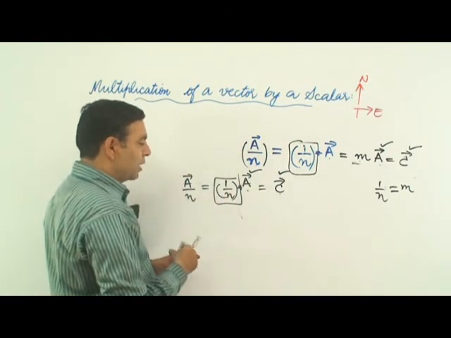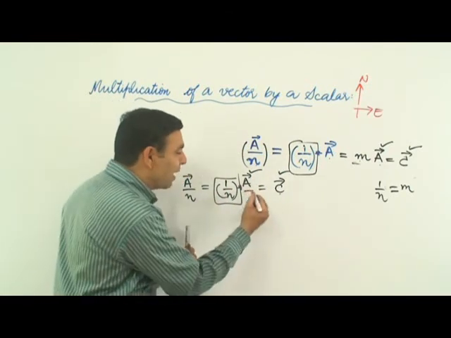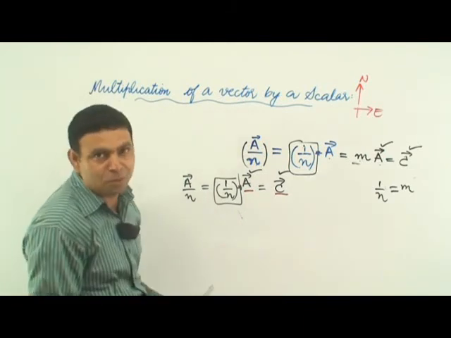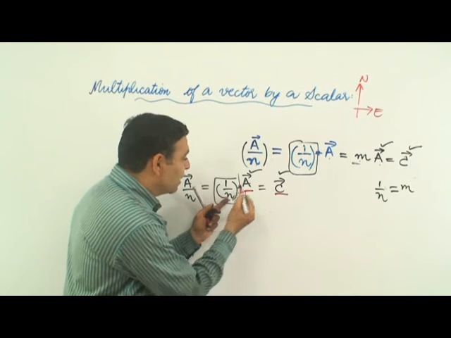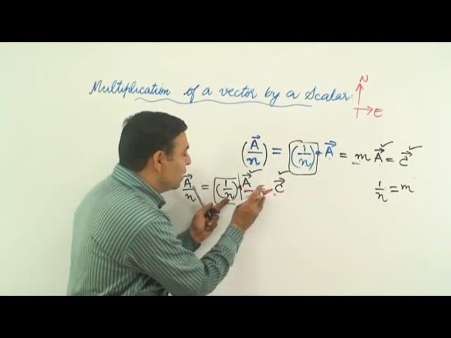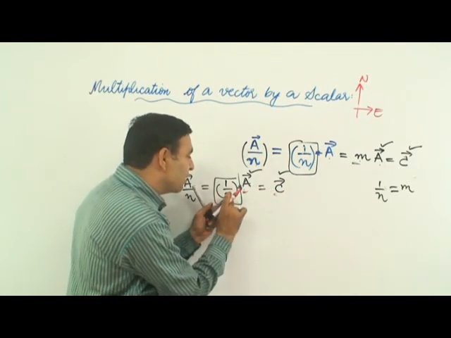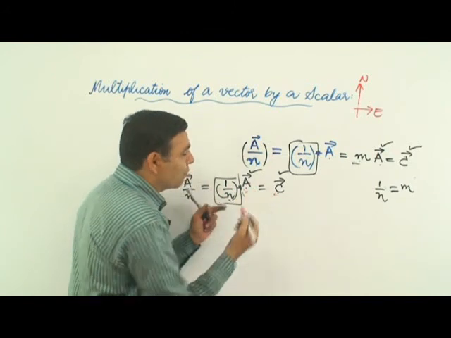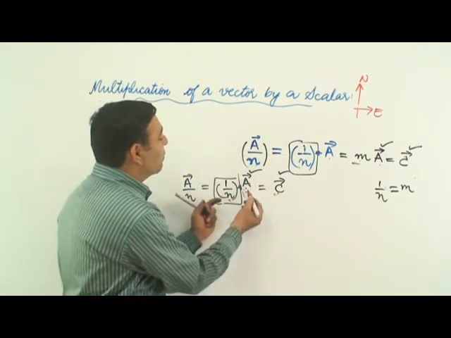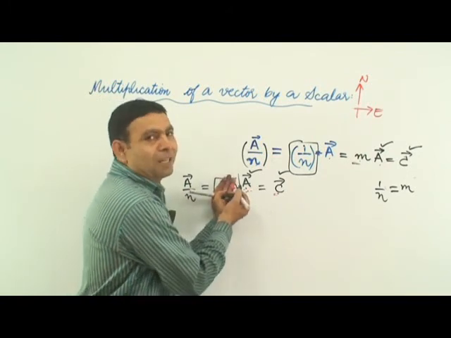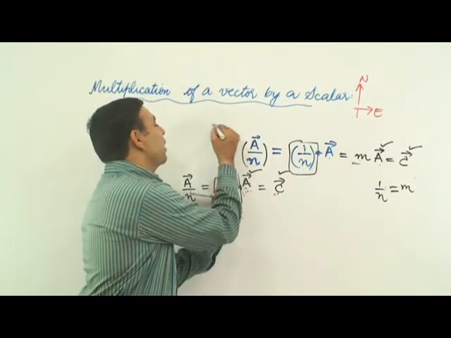Moreover, this a and c need not have the same unit. If this scalar does not have a unit, then a and c will have the same unit. If this scalar has a unit, then a and c will have different units. Dividing a vector by scalar is the same as multiplying a vector by another scalar. Multiplying a vector by scalar means like a into n only, fine? But another scalar.